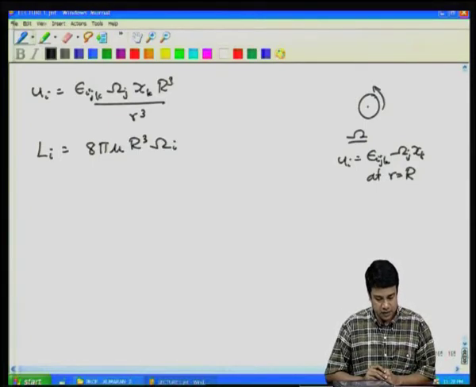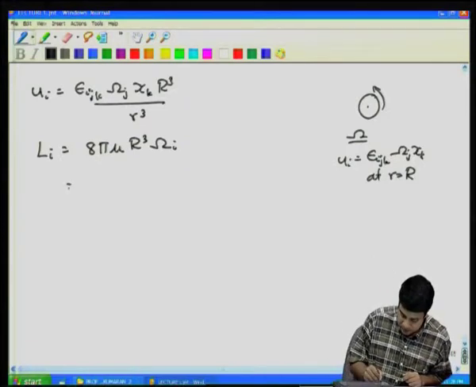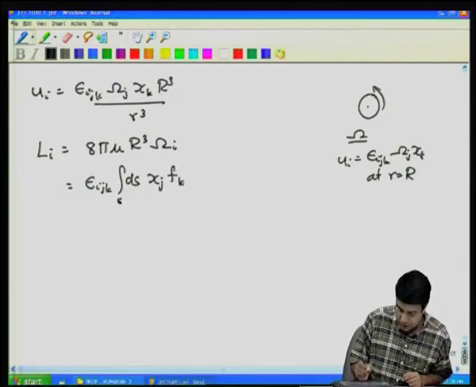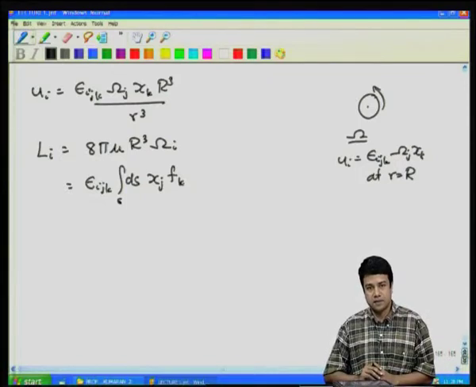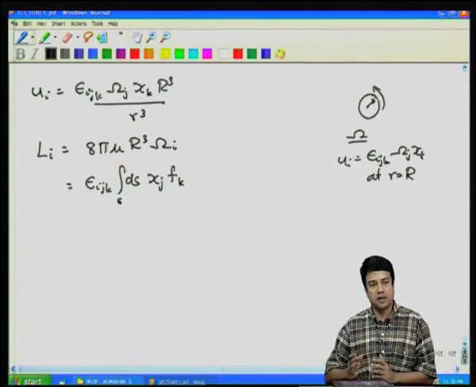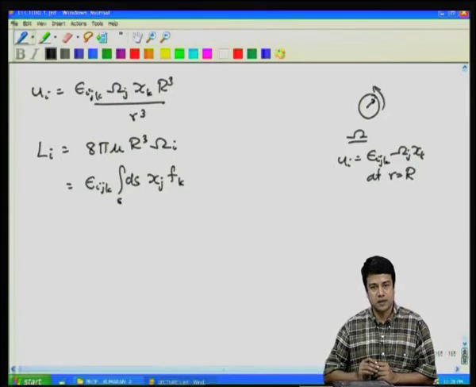Once again I can replace the torque, which, as you recall, was equal to epsilon_ijk integral over the surface dS of x_j times f_k acting at the surface, where x_j was the position vector to the surface and f_k was tau_kl n_l, the stress acting on the surface.